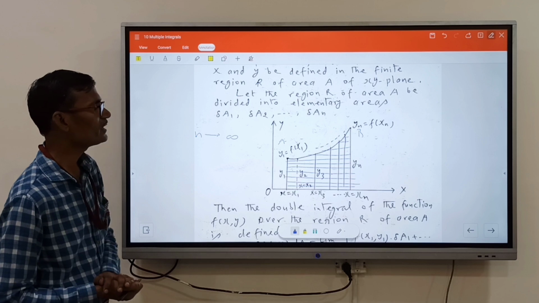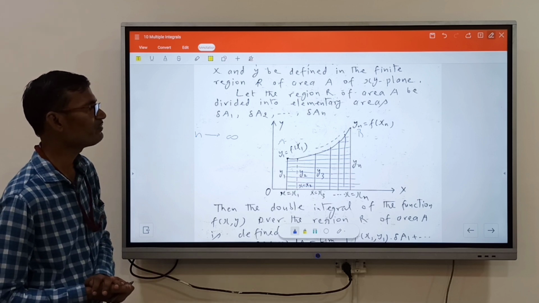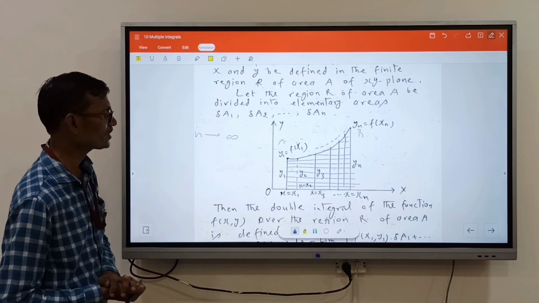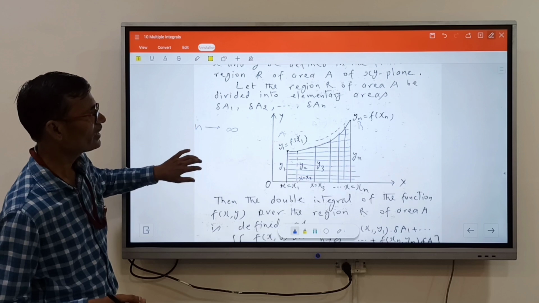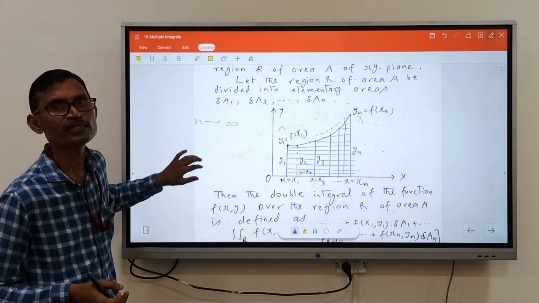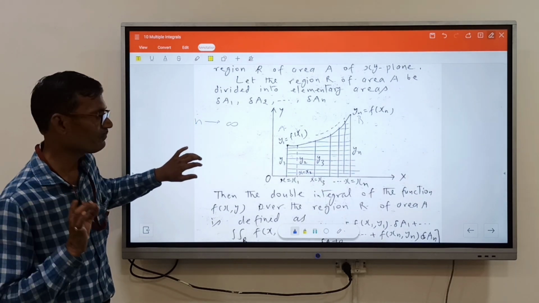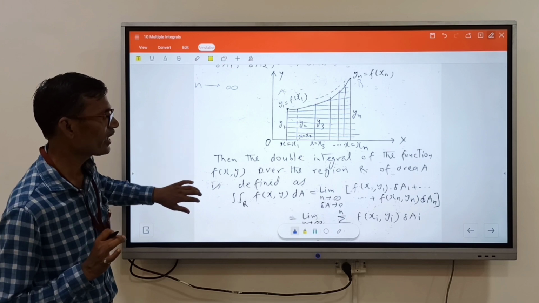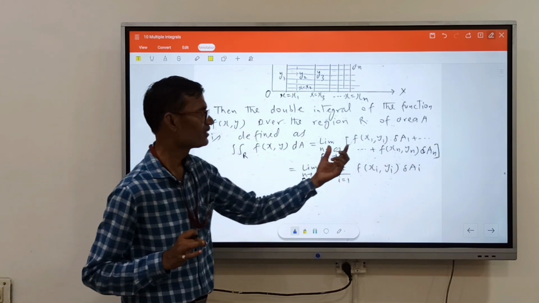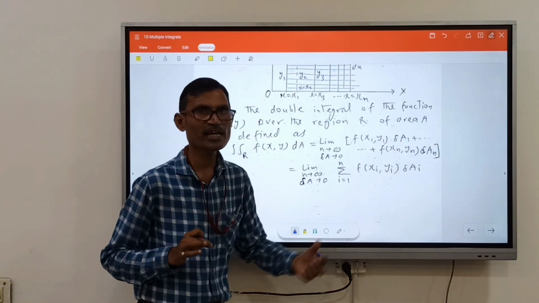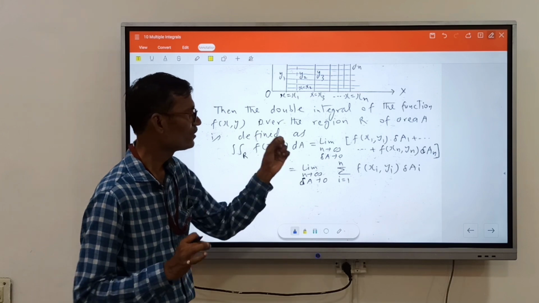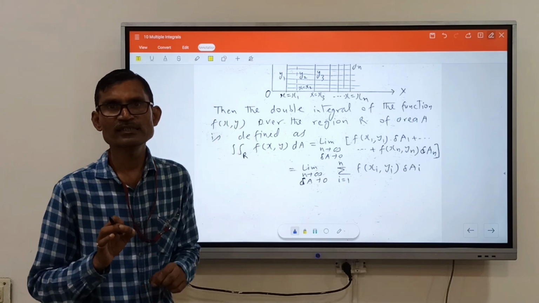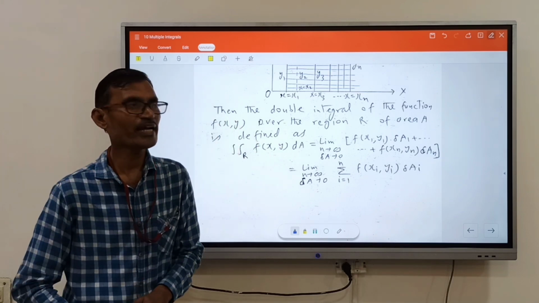It will look like a point. If in each rectangle we find the value of function f of xy and multiply it by the respective area of the rectangle, suppose we have a rectangle which looks like a point and its coordinate becomes x1, y1.